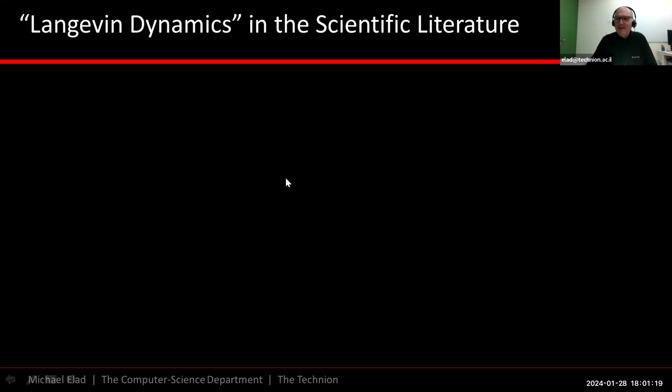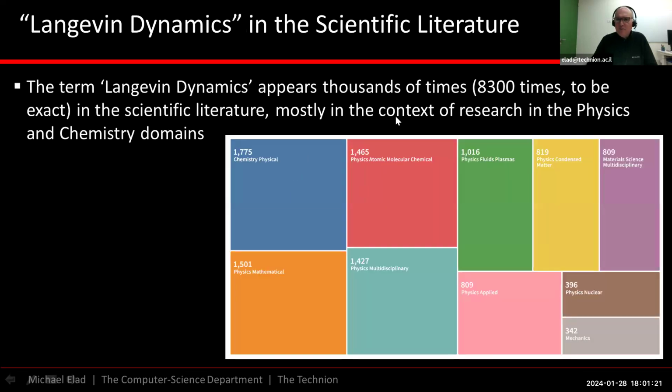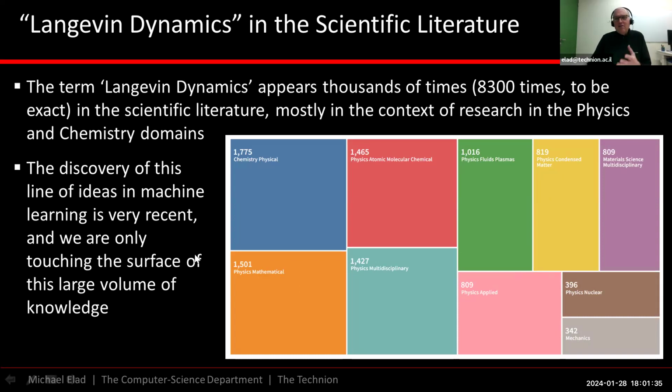The concept of Langevin dynamics appears a lot in the literature, something like 8,000 papers, but most of them are irrelevant to us. They are all in the context of chemistry and physics, and there is a lot of knowledge there. Imagine how much knowledge is accumulated, and only a small negligible amount of it is being applied and practiced in machine learning.